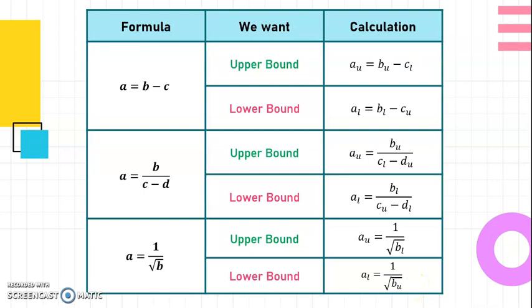Okay, however, it's a bit different with subtraction. In order to find the upper bound of a subtraction, it is the upper bound of value B minus the lower bound of value C. For the lower bound, it is the lower bound of value B subtract the upper bound of value C. Another formula here will be A is equal to value B divided by C minus D. So you can just check the calculation here, okay?